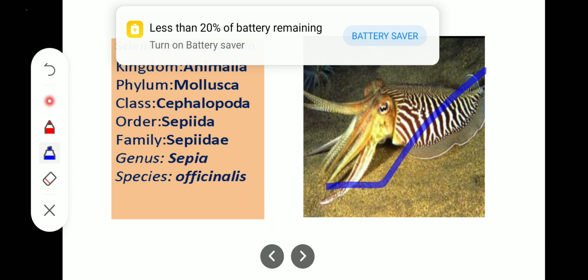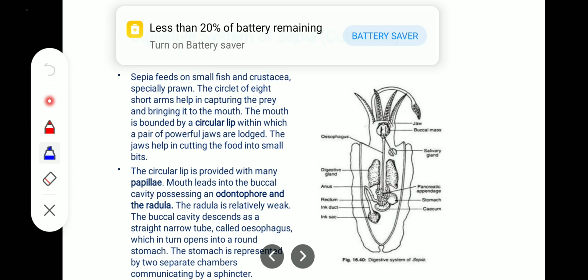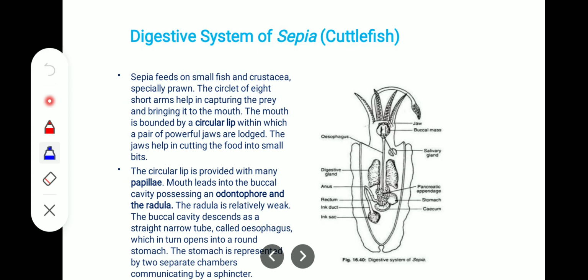So simply, the digestive system of sepia consists of the mouth. Mouth is surrounded by tentacles, and these tentacles help to capture the prey and bring it to the mouth.